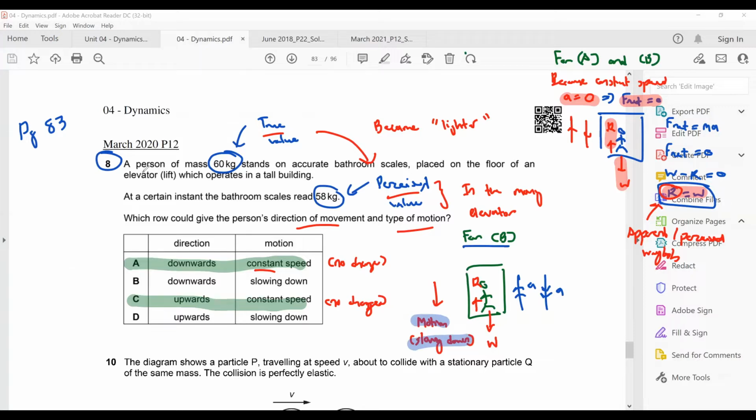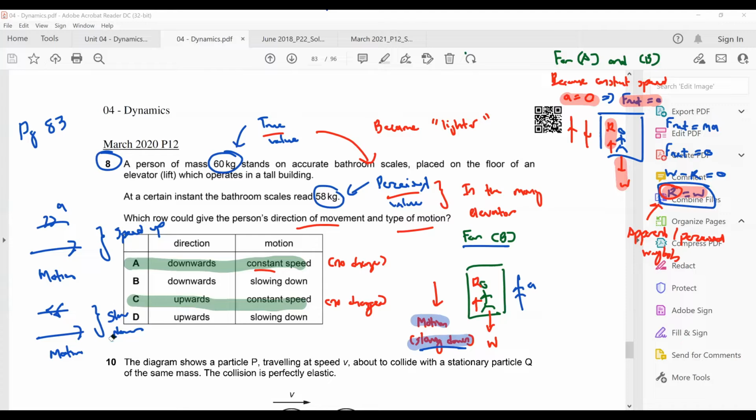Remember what I mentioned to you in kinematics? If your motion is this side and your a is this side, same direction, you will speed up. But if your motion is opposite, you slow down. This question has some slight variation with what I mentioned to you that time. Although it is telling you you're moving downwards, because you're slowing down, your acceleration is actually upwards.